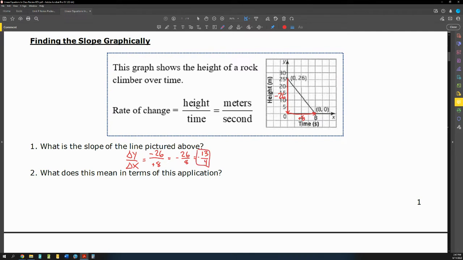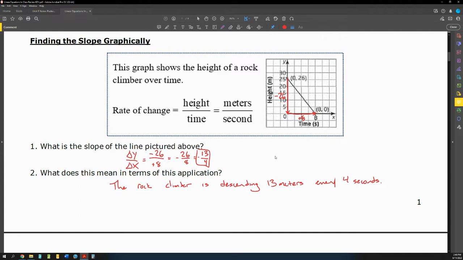And that is our slope. So what does that mean in terms of this application? That tells us that the rock climber is descending 13 meters every 4 seconds.